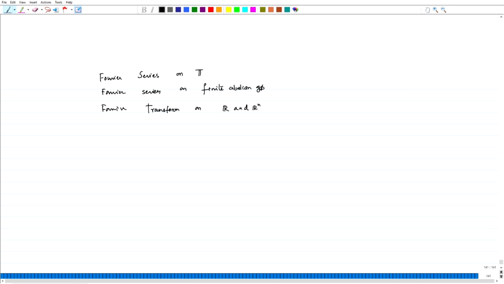Now, what next? Where does the subject go, what is the direction of this subject?